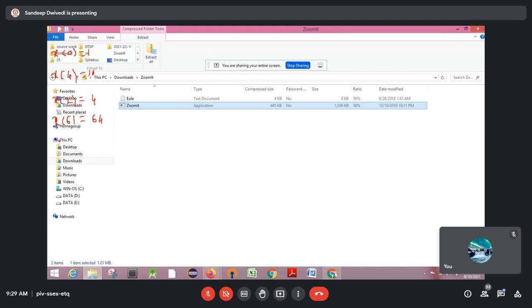Then the odd sequences: x of 1, the value will be 2. Then x of 3, before x of 3 you need to write x of 5. The value of x of 5 is 32. Then x of 7, the value of x of 7 is 128.